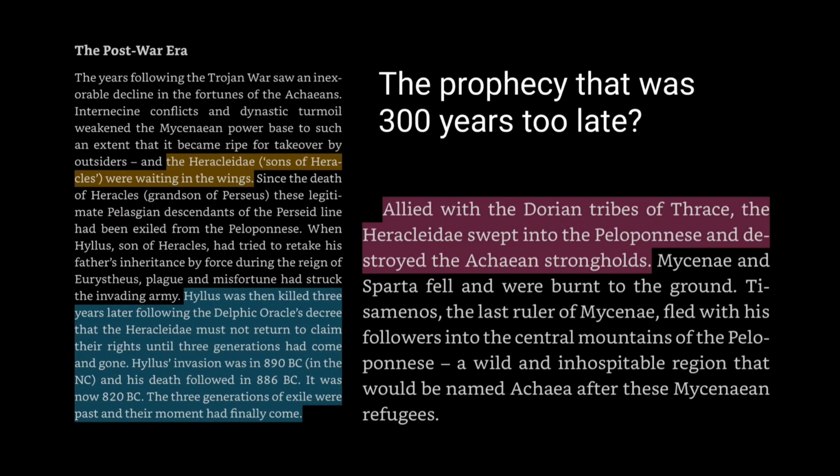Homer's writings give us the biggest clue that there was no Greek Dark Age. In the Odyssey, the sons of Heracles visit an oracle who tells them that they must wait 3 generations, that's about 70 years, before they will be able to succeed in conquering the Peloponnese. Homer is retelling events that happened right after the Trojan War.